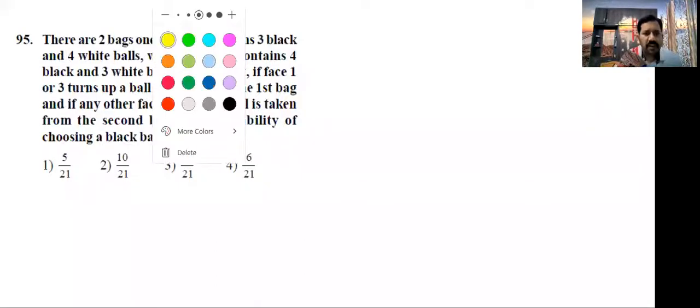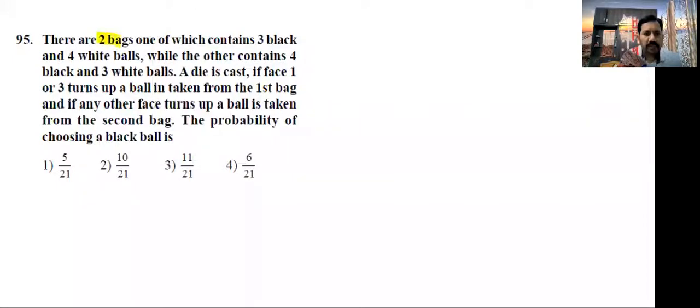There are two bags, one of which contains three black and four white balls. The other contains four black and three white balls. First, we want to note the bags.